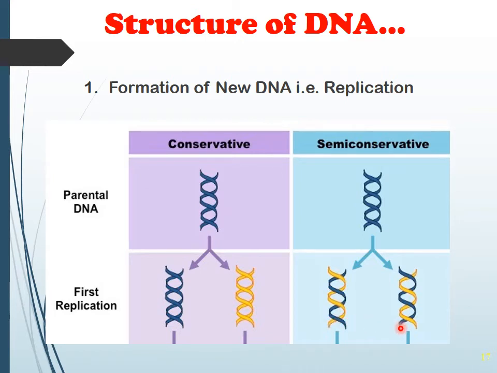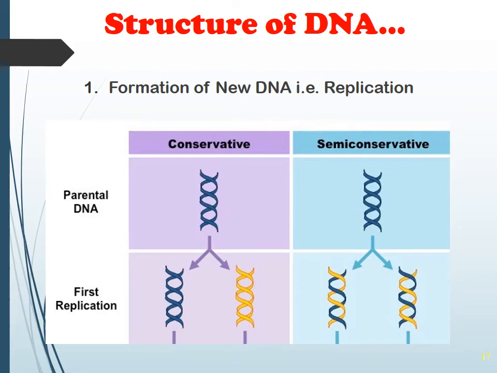This was another old strand and this is the new strand. So when the parent DNA forms 2 different daughter copies of its own DNA, each having one old strand and one new strand, we call it the semi-conservative mode of replication.